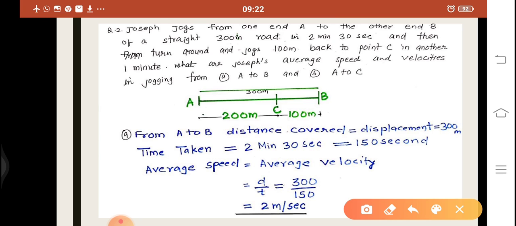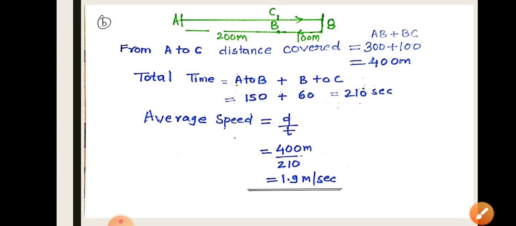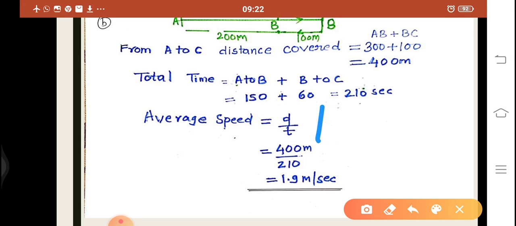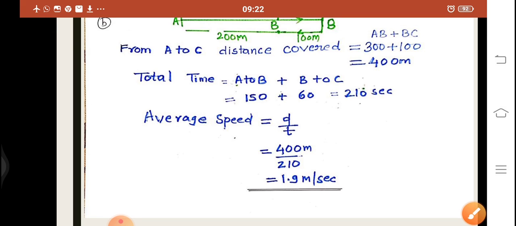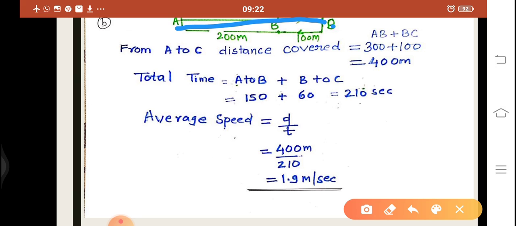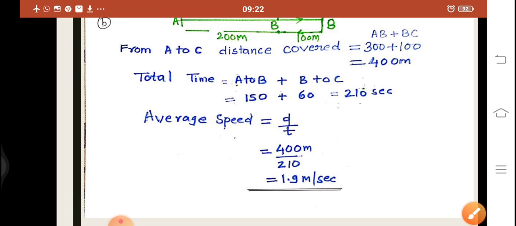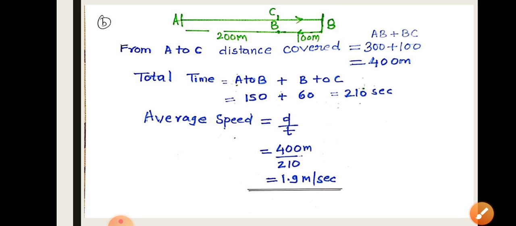Now he is moving from A to B, and B to C. This point is C, not B.